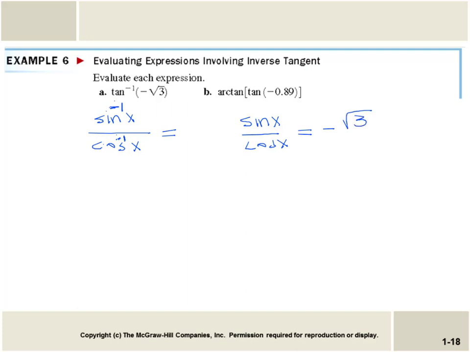Well, we don't have a square root of 3, but what if I do this and put them both over 2? Now that looks more familiar, right? Because I have minus the square root of 3 over 2 over 1/2. And we know there's a point where that exists. What's the reference angle for that point?